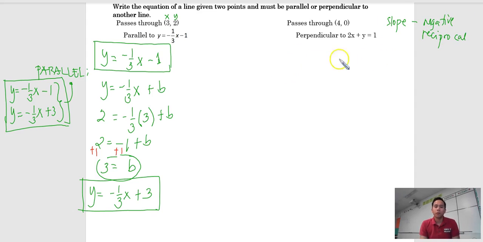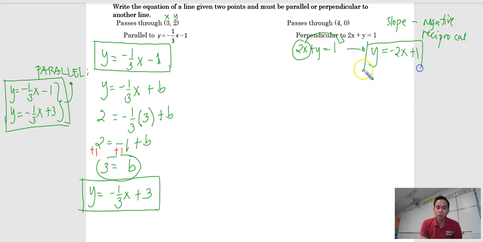Okay, so what I'm going to do now is rewrite this one. Your 2x plus y is equal to 1. And transpose your 2x here. That's why we have y is equal to negative 2x plus 1. This is the slope-intercept form that we'll be using.